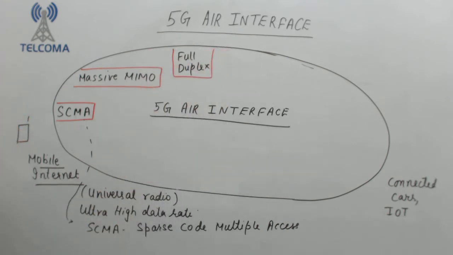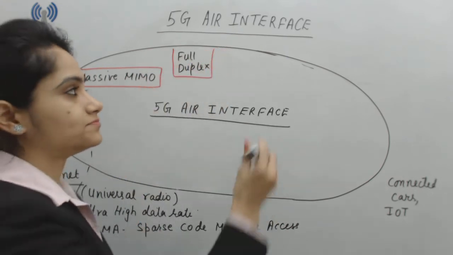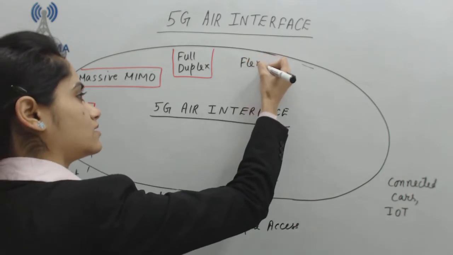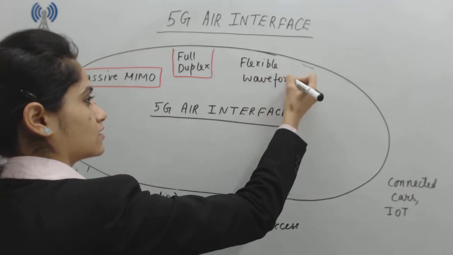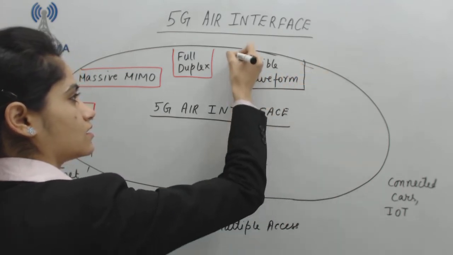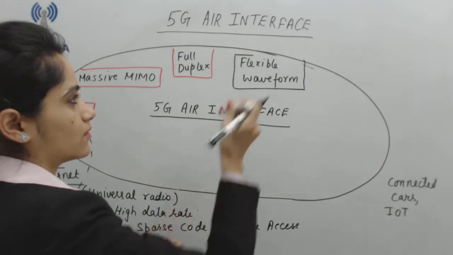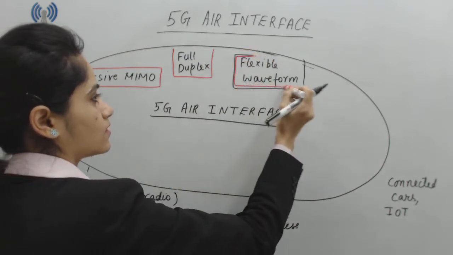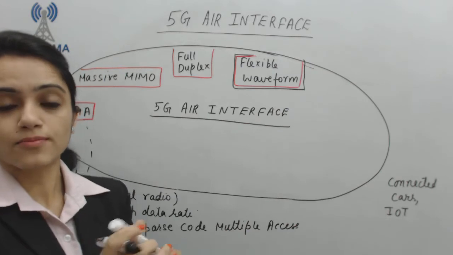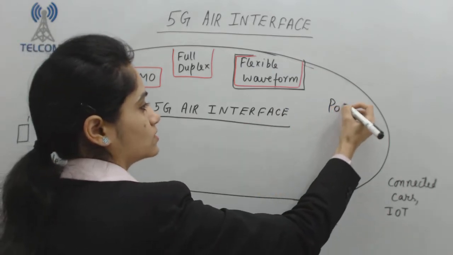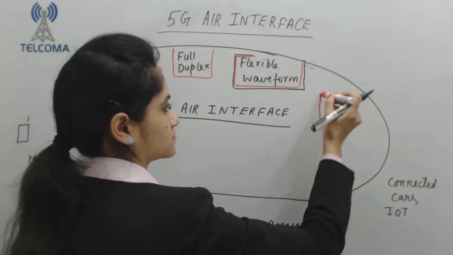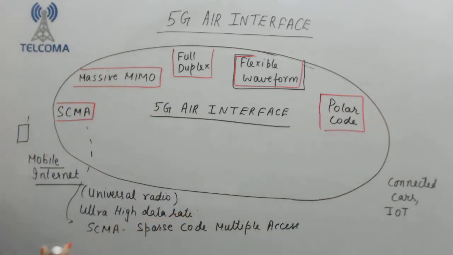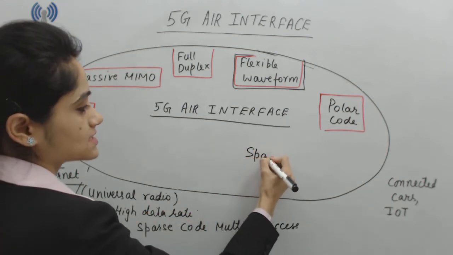So after full duplex mode, we require flexible waveform. Flexible waveform concept. Then we require polar codes. So flexible waveform, polar codes, we require the spatial multiplexing concept.